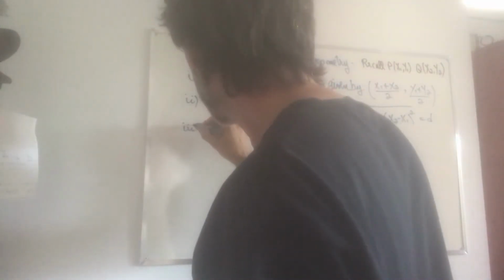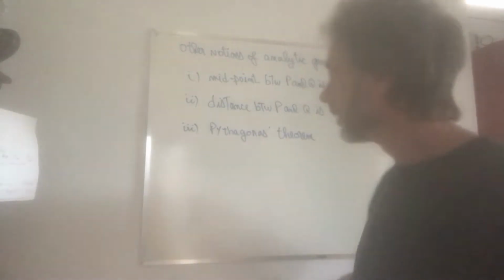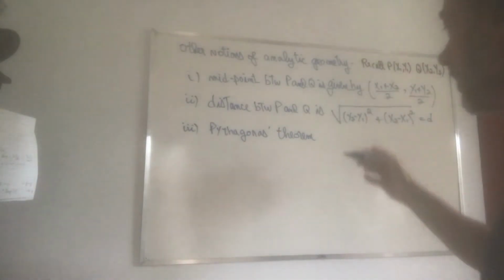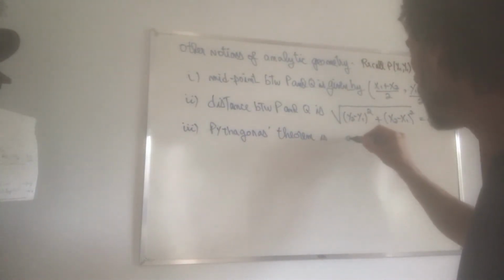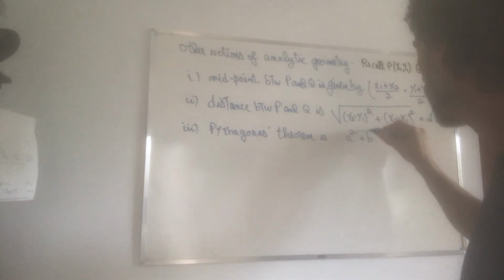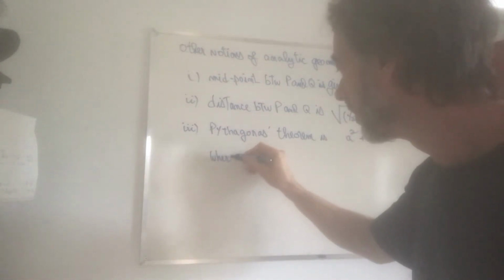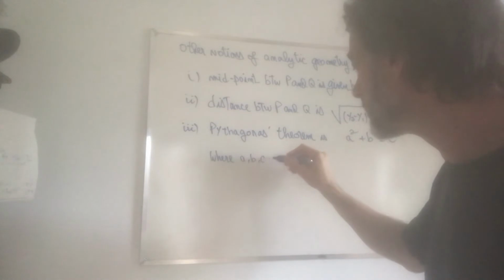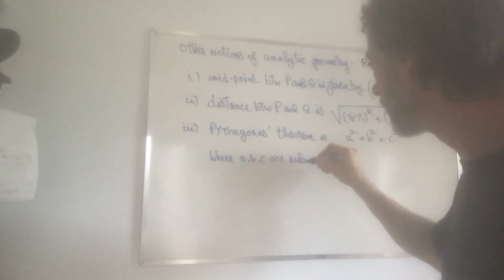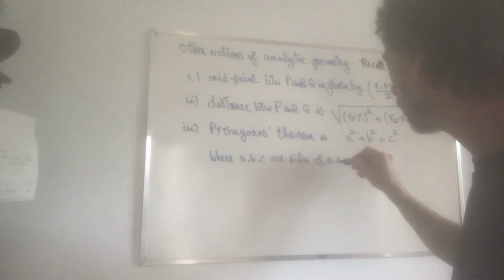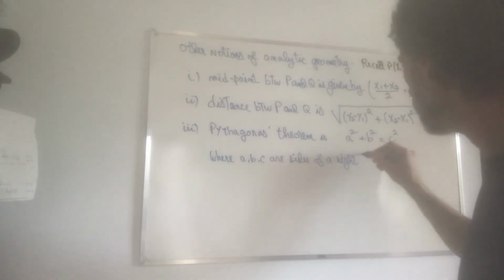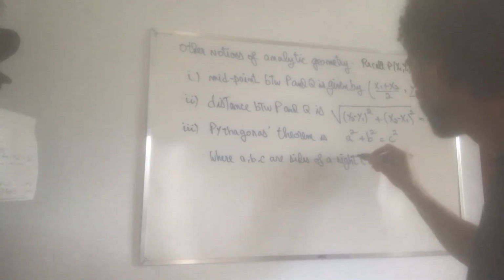And finally, the Pythagorean theorem is also something that we can use here. It goes: a squared plus b squared is equal to c squared, where a, b, c are the sides of a right triangle. Right means a 90-degree triangle.